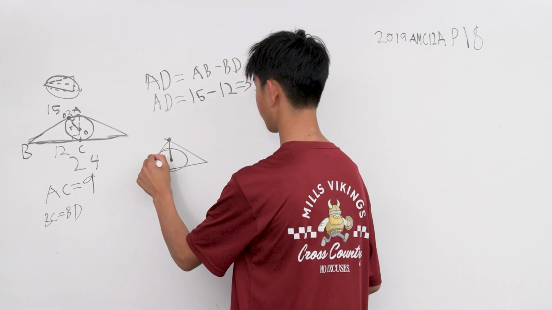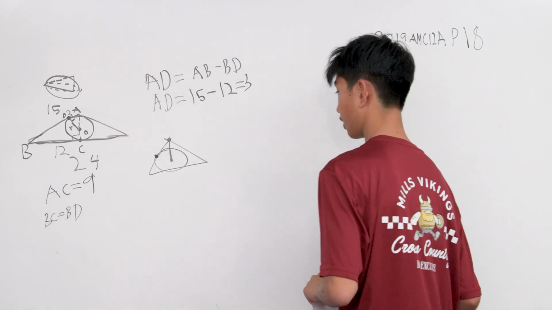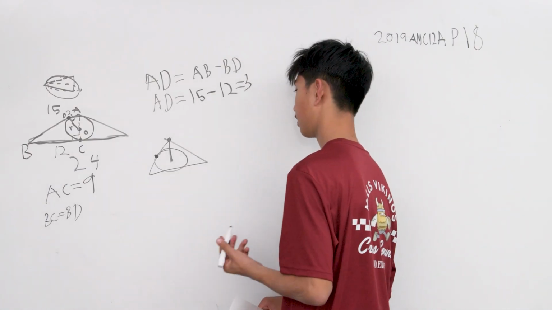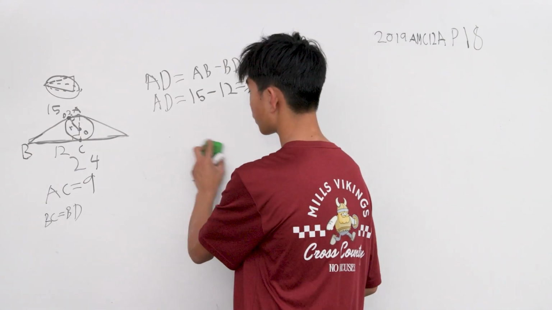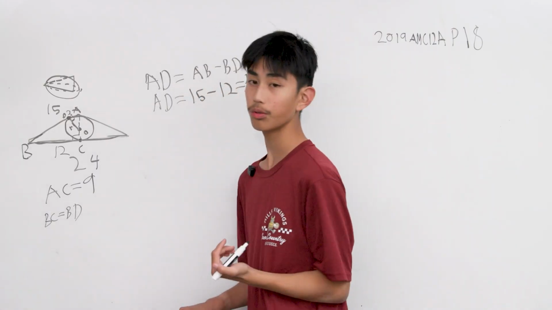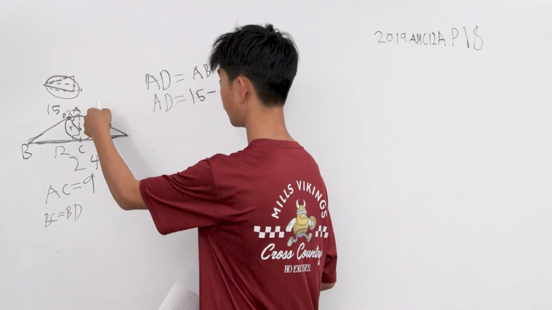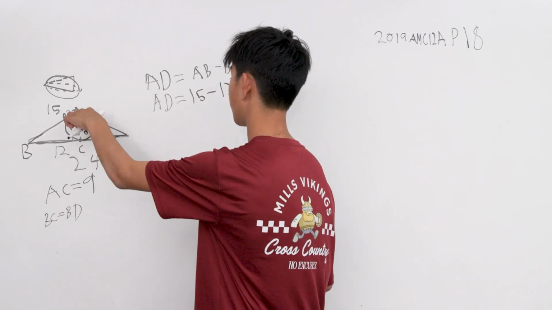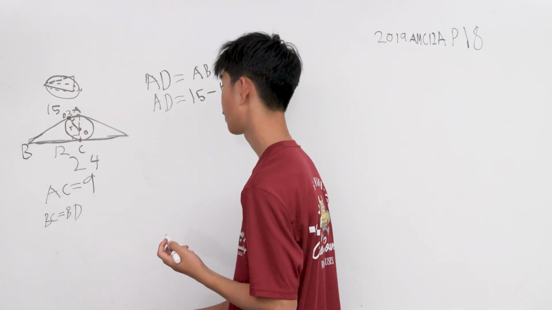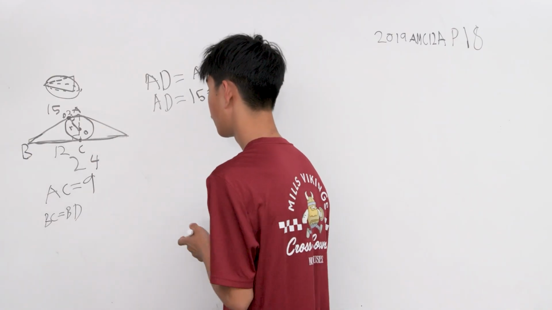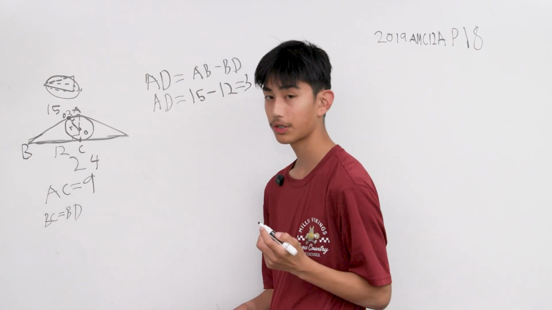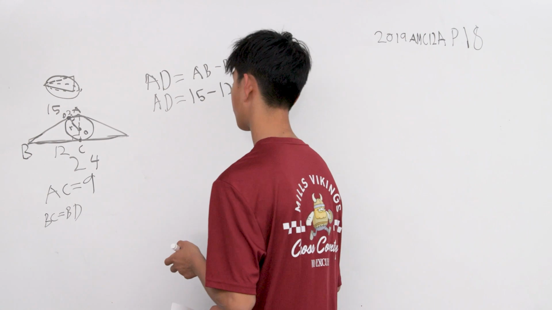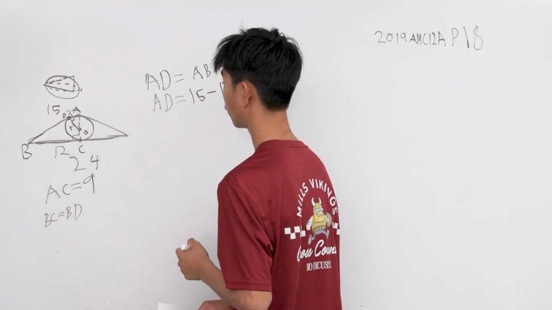However, there's a point of tangency around there, so it's a longer distance. What we want to do is find an equation for the radius, which is going to help us a lot. So we want to find the length of AO.